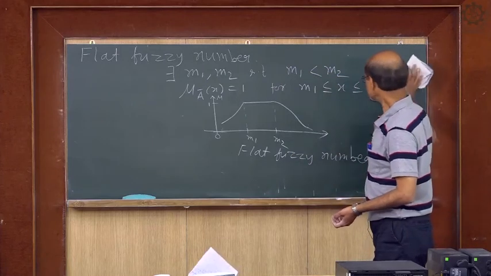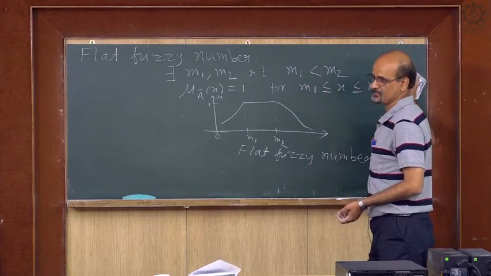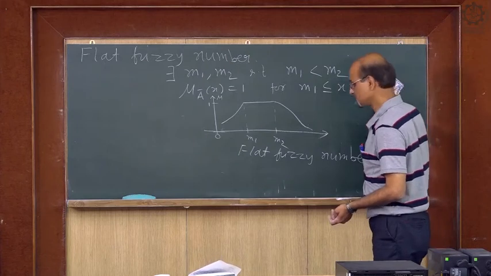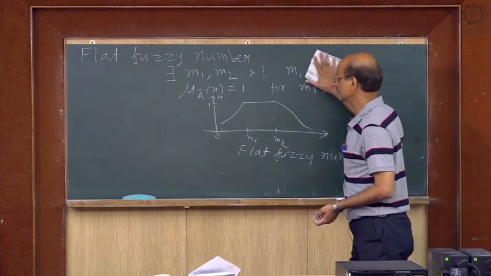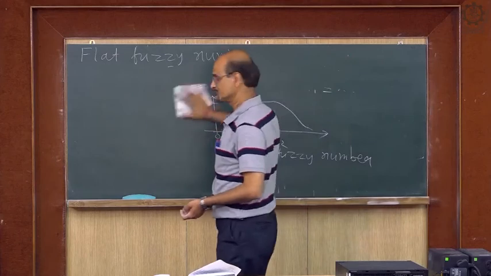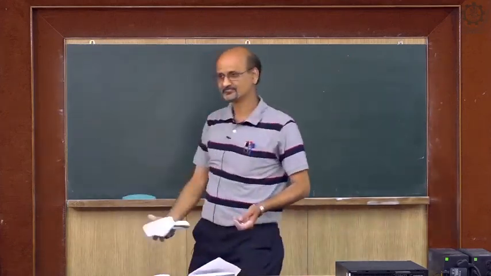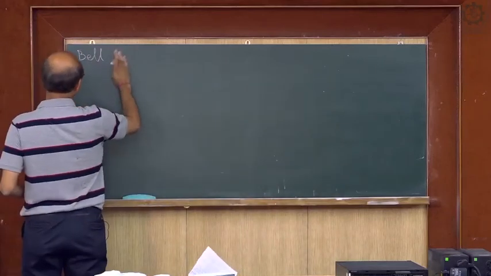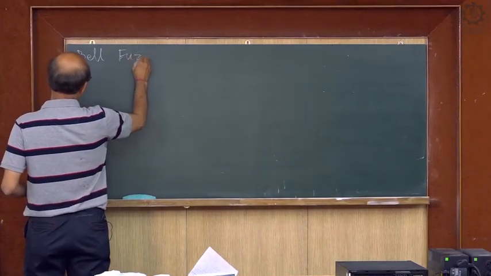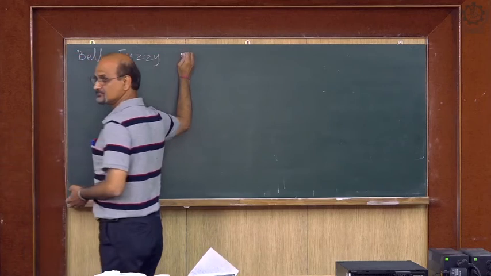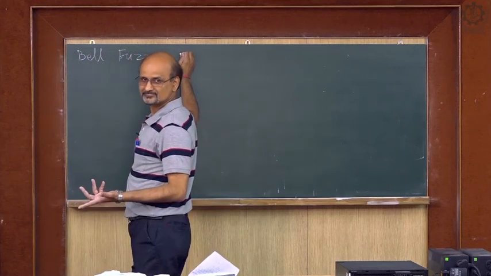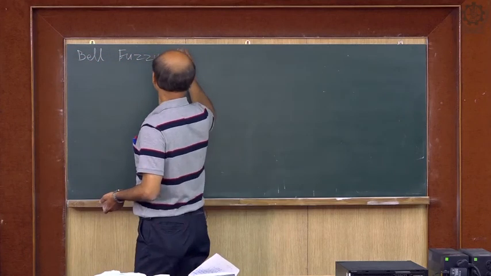Okay. Next one is bell shaped fuzzy number. Have you seen a bell?